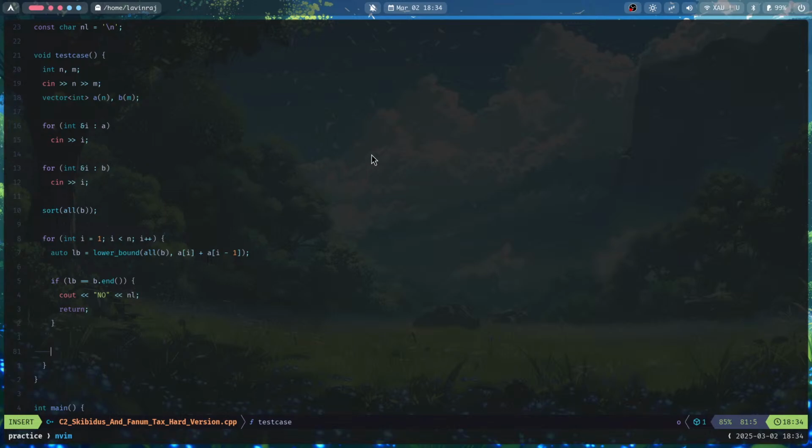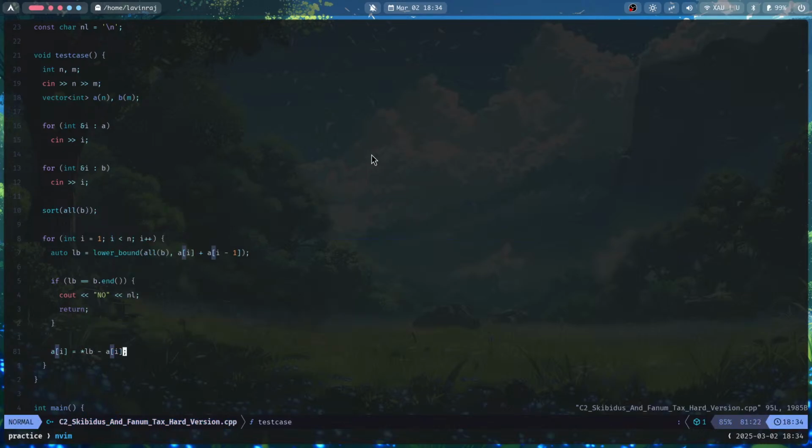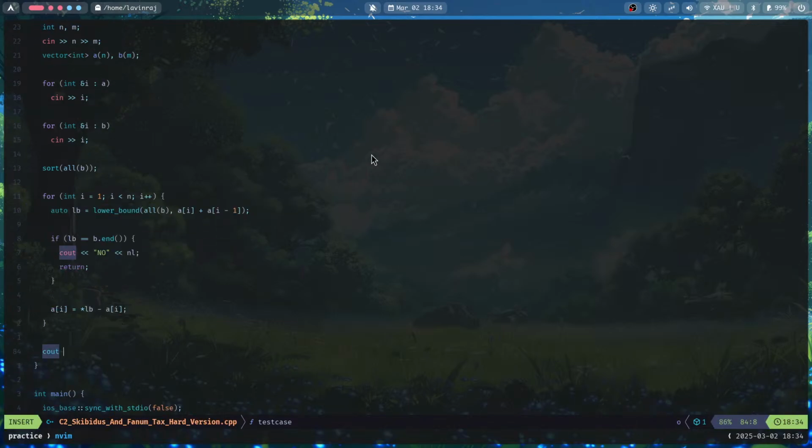I think we have to update a[i]. a[i] should be *lb minus a[i]. That's it. And let's just print yes. The one thing is we have to decrease the first element as much as possible.